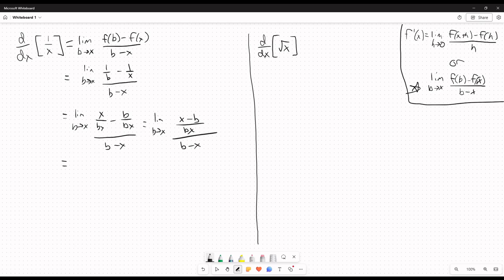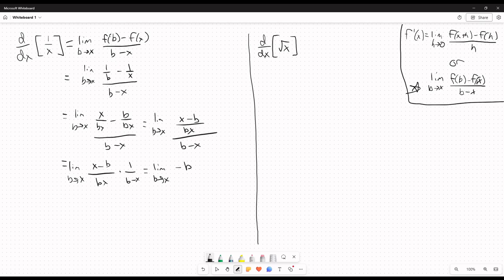I can now write this as multiplication by a reciprocal, because that's how we divide fractions, we multiply by the reciprocal. So this is x minus b over bx times 1 over b minus x. And I can notice that x minus b is the same as negative b minus x. I'll go ahead and write that. If you change the order of subtraction, you just get the negative.